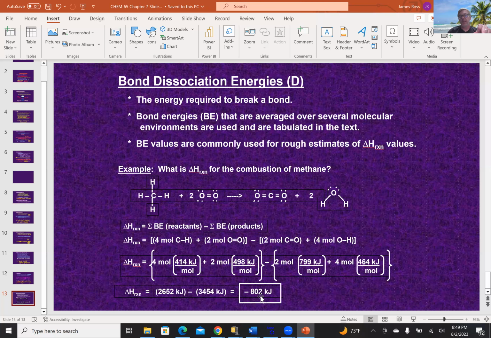If you were to do the same determination using Hess's law, you would get a slightly different value. Hess's law is always a superior method. The reason why bond dissociation energies are always slightly inferior is because we're using generic boilerplate bond energy values.